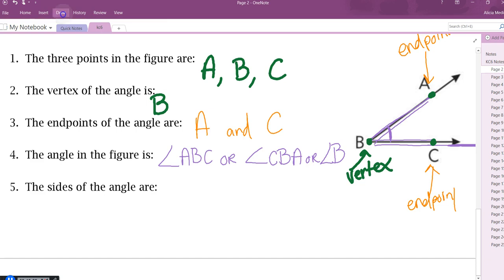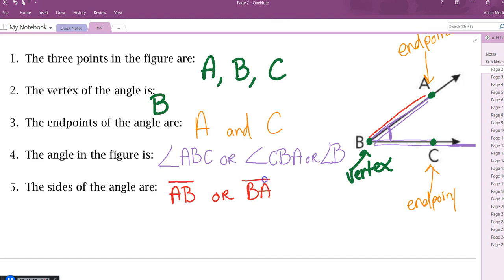The last one here says, well, we need to label the sides. So the sides of my angles are, remember, sides are between line segments. So this line segment right here, we can say AB. And since it's a line segment, you need to write the line notation above those letters. So you go in order AB. You could have also said, well, what if I said from B to A?